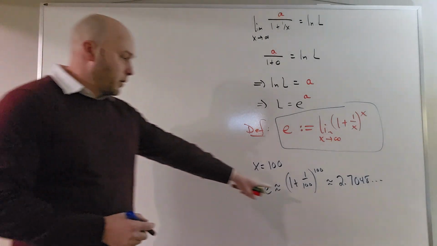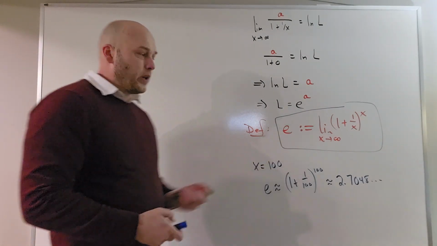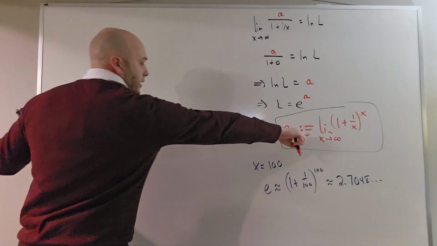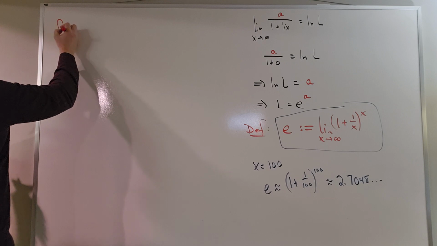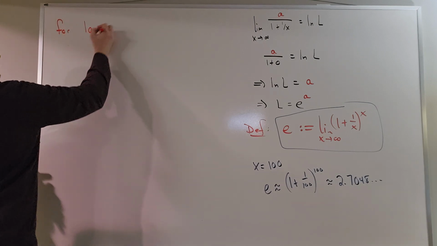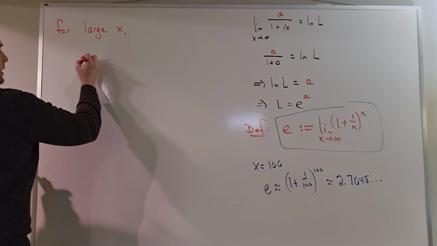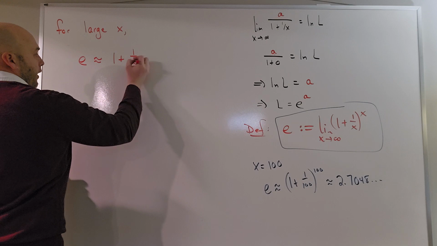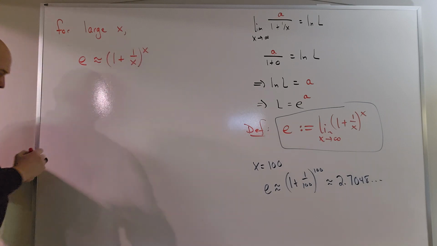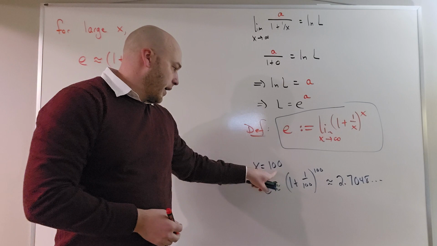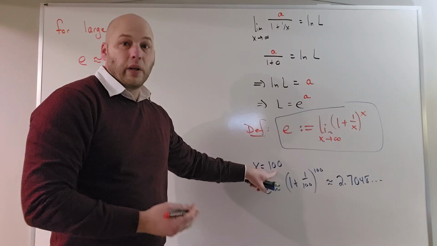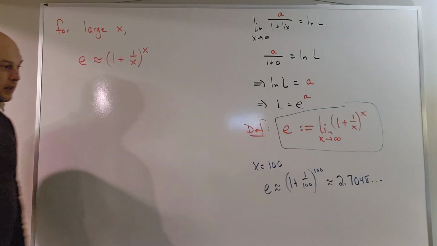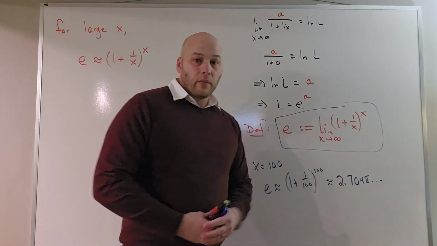So again, this approximation sort of motivates the following manipulations. If e is defined to be this limit, then for large x, we know that e is approximately 1 plus 1 over x to the x. Think about taking, rather than x equal to 100, x equal to 1,000,000 or 1,000,000,000 or just some extremely large number, maybe one with 100 zeros behind it. Then it just makes this approximation get better and better.